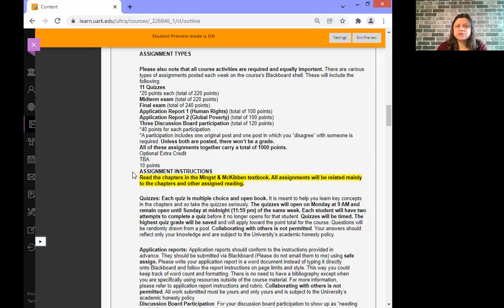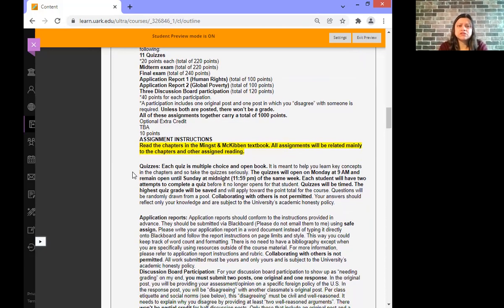And quizzes are, I think, one of the best ways to help you keep yourself on track conceptually. The midterm and the final are essentially going to be some of those quiz tests rehashed, okay? So it's not going to be super difficult.